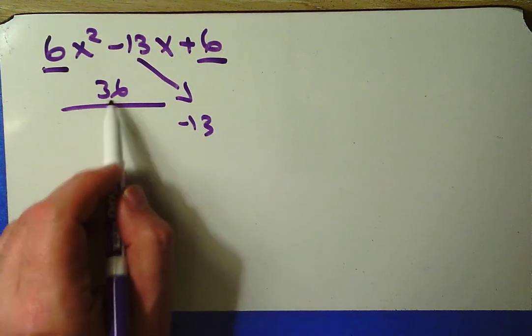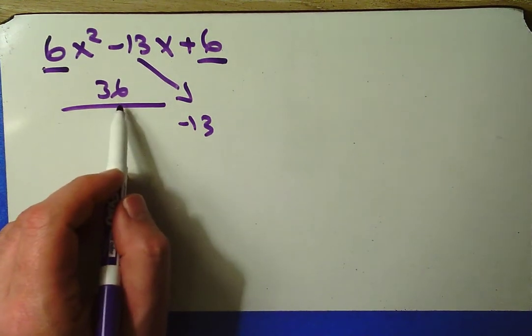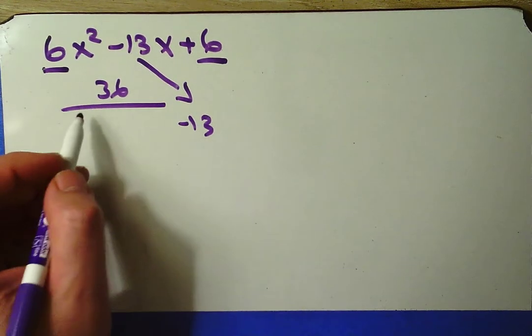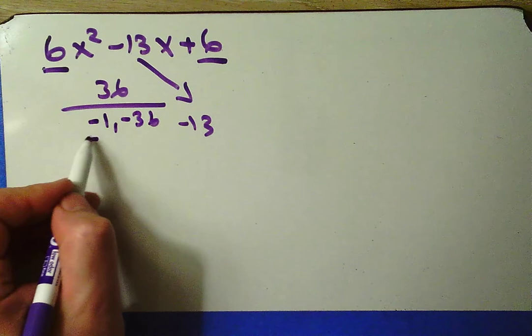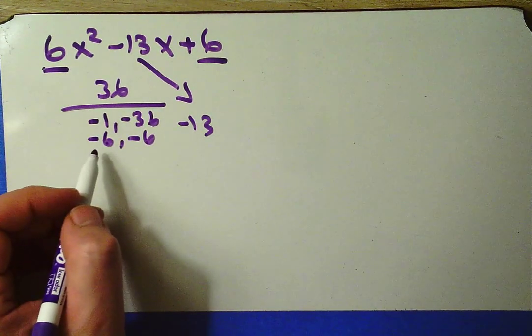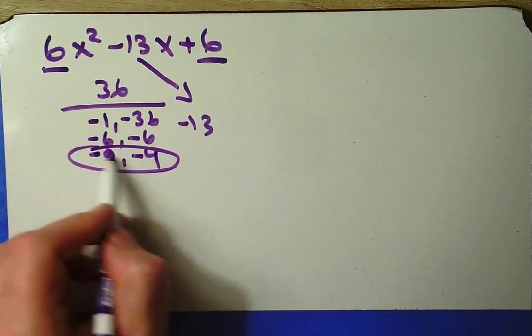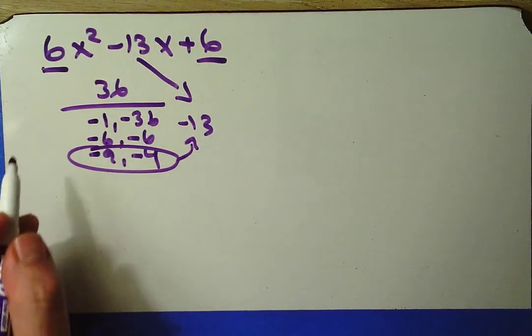And I know they're both negative because the result of multiplying these two numbers together has to be a positive number. So I think I can think about negative 1 and negative 36. No. Negative 6 and negative 6. No. How about negative 9 and negative 4? Oh, they multiply together to be 36, and they add up to be negative 13.